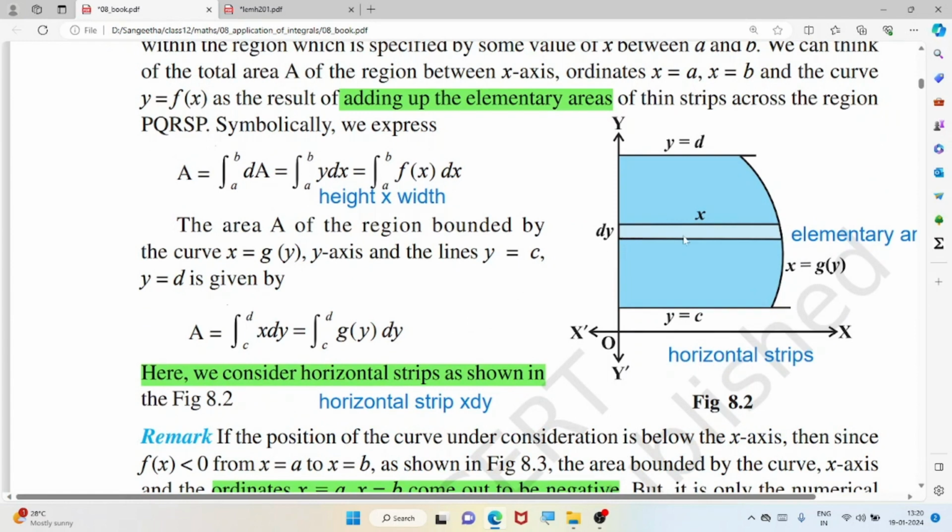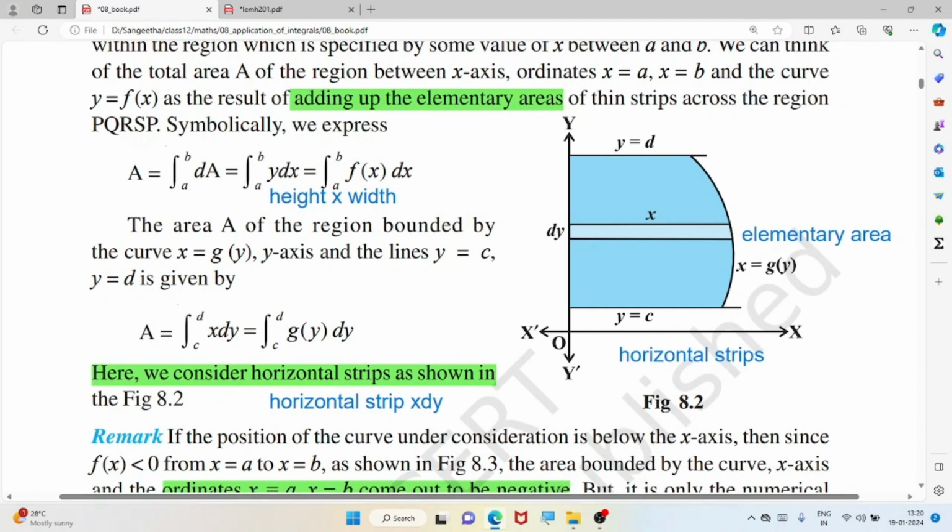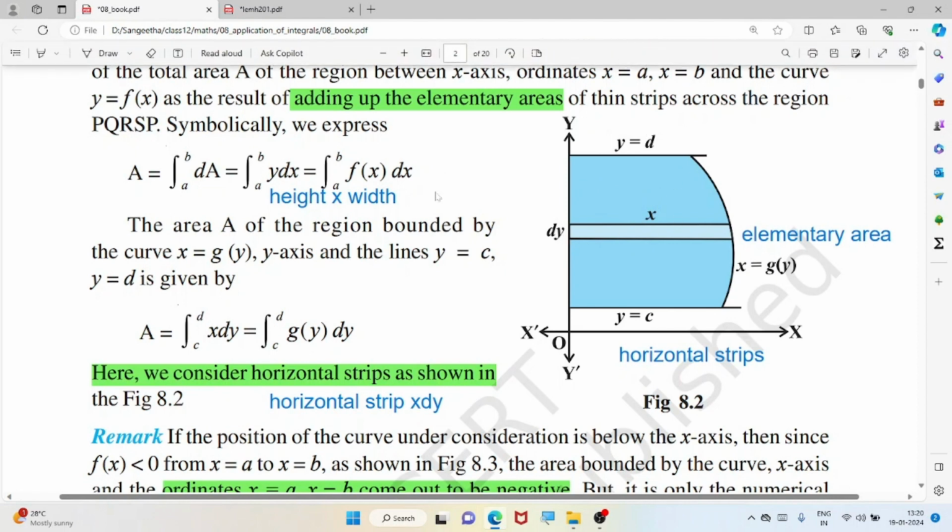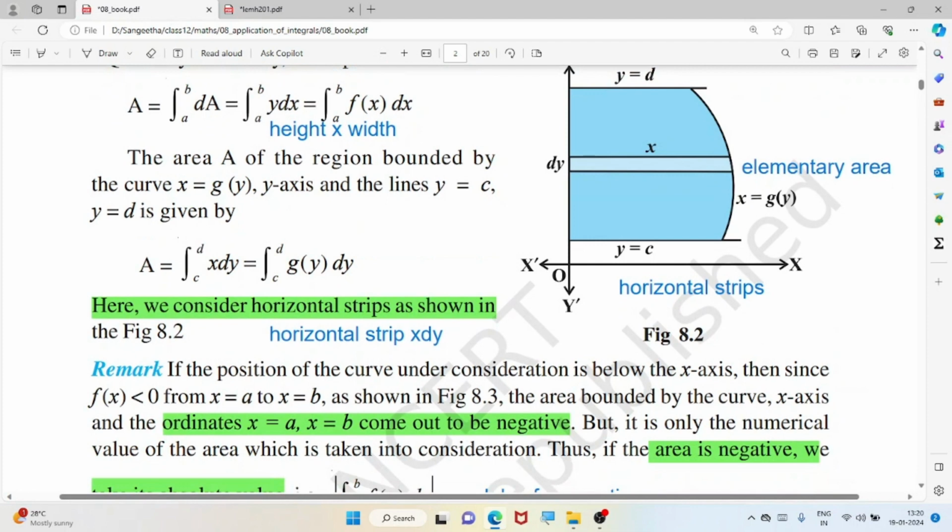The same thing can be done with a horizontal strip also, like this. Here you see y dx, but here x dy. Here dy is very small, x is the length, and the area is height into width. So here it is x dy within those limits, y equal to c to d.